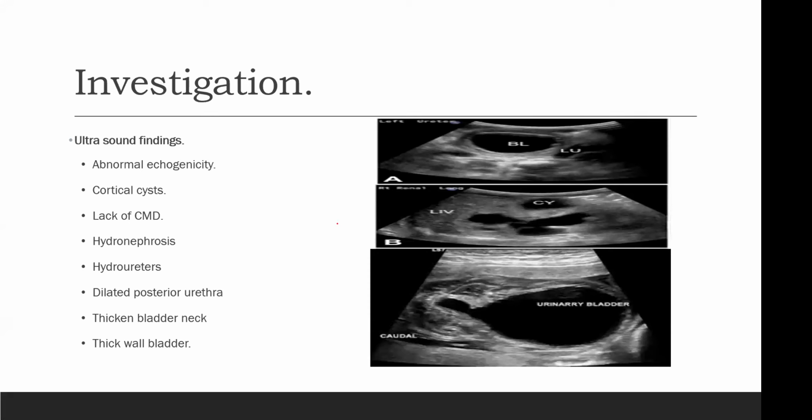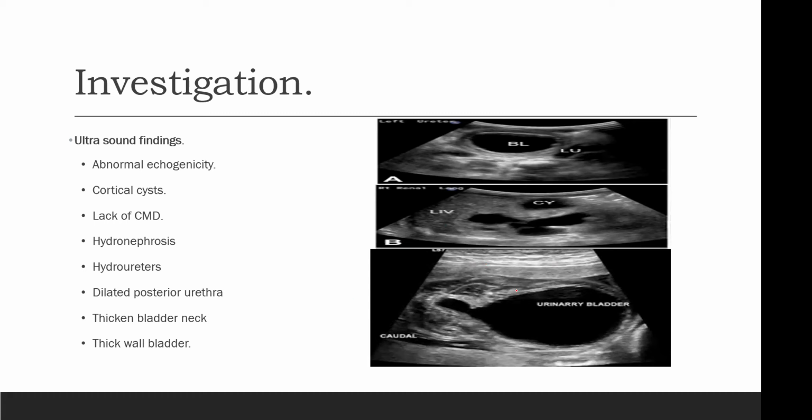It's also a sign of a severe form of the disease. Hydronephrosis and hydroureters you can also pick up on ultrasound. You can also be able to see the posterior urethra if you look for it.